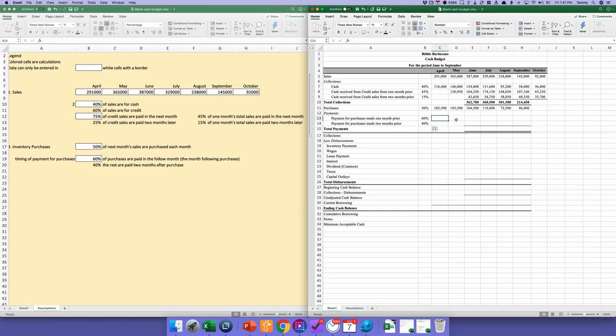We don't have any data in April, but we do in May. So in May, we are going to pay for 60% of what we got in April. We're going to multiply that, make it an absolute cell reference, and multiply it by what we purchased in April. Because that was an absolute cell reference, we can safely drag it across to September.